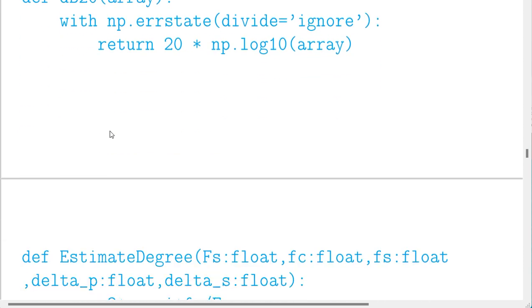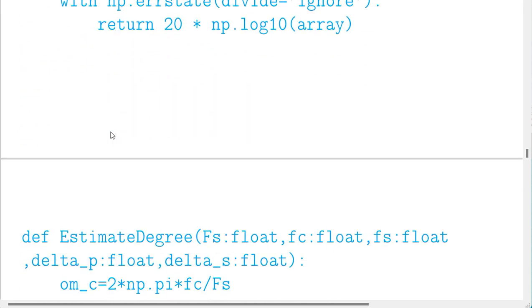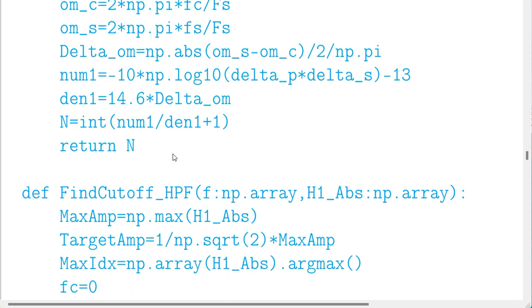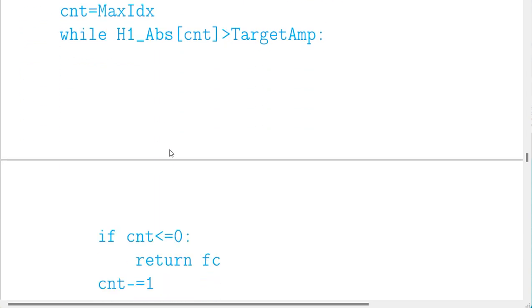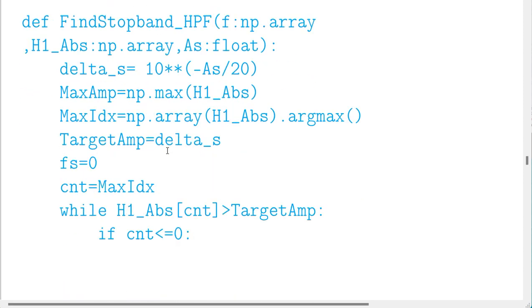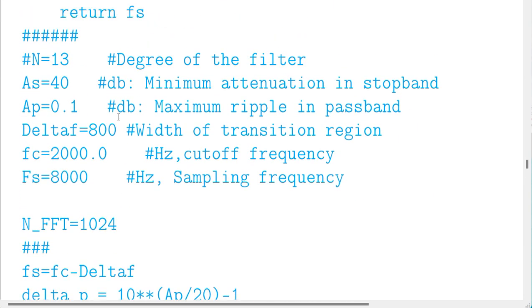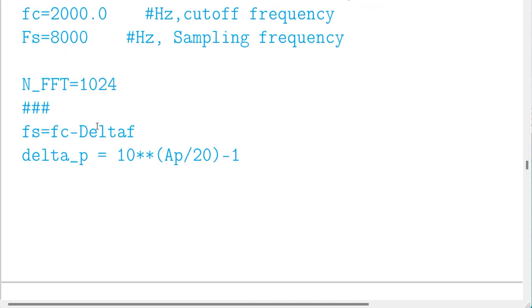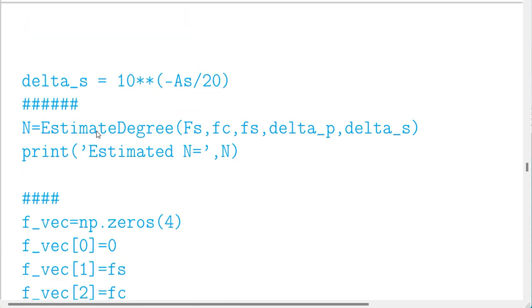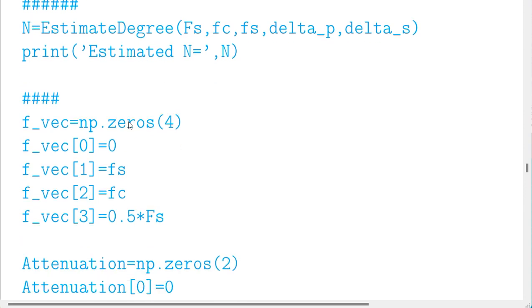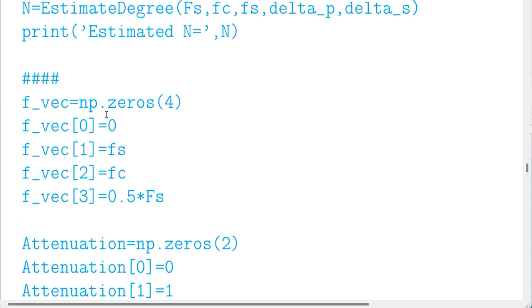So the details of the program: estimation for degree, the same coding as we showed in the lecture note in detail, theory. Okay. Estimated degree and printing it.